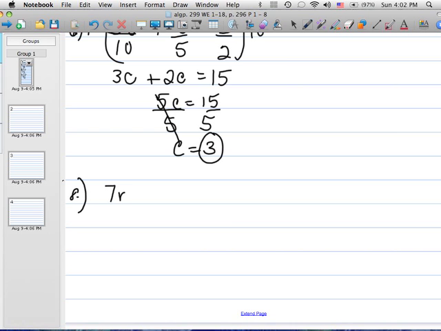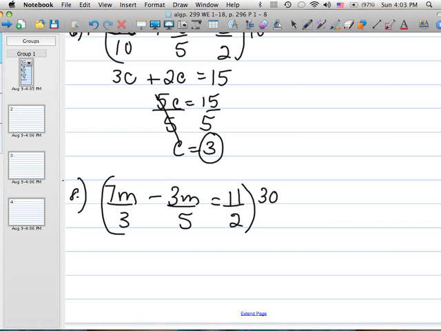Problem number 8, we have 7m over 3 minus 3m over 5 equals 11 over 2. We're going to eliminate all the denominators. The least common denominator for 3, 5, and 2 would be 30. 3 goes into 30 ten times. 10 times 7 is 70m. 5 goes into 30 six times. 6 times a negative 3 would be negative 18m.